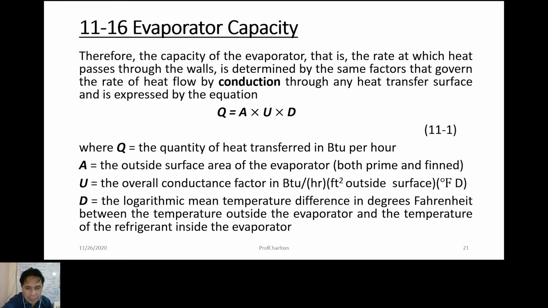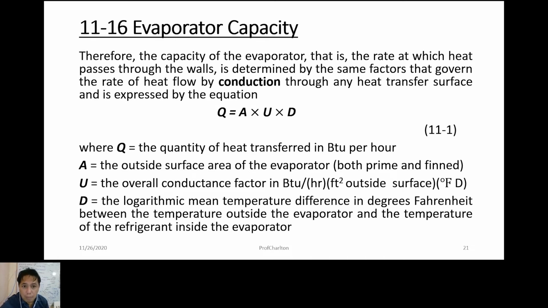So, for example, refrigerant. Paano ba na-evaporate yung refrigerant? Kasi may mainit na hangin, or there are hot substances. For example, in your refrigerator, the meat, yung karne, vegetables, heat, water, pupunta yun sa tube ng evaporator, and the refrigerant is boiling at a very low pressure and low temperature. Kahit mababang temperature, magbo-boil agad.